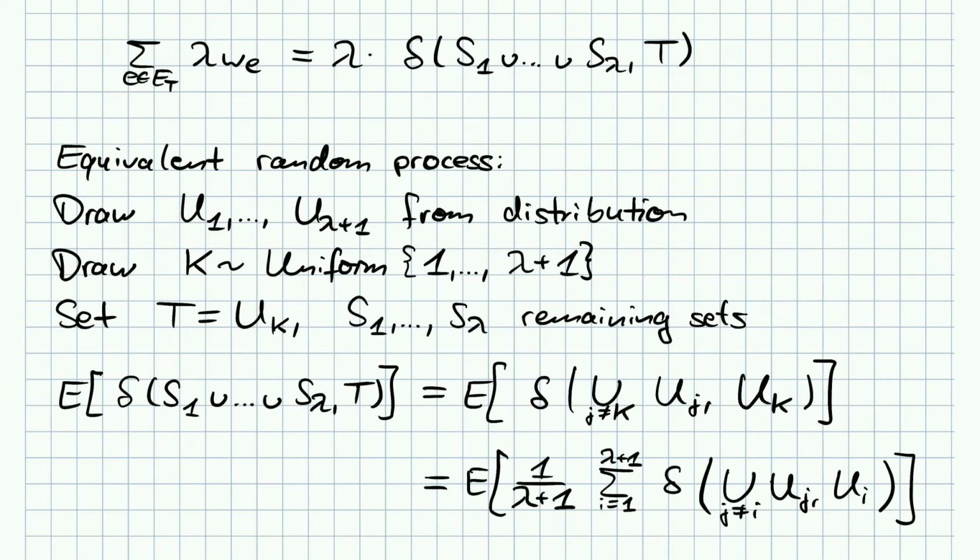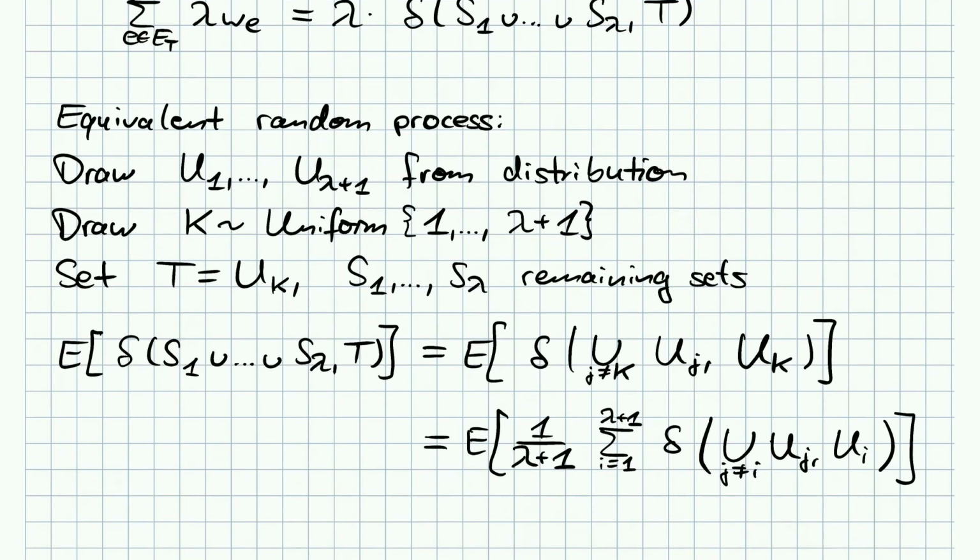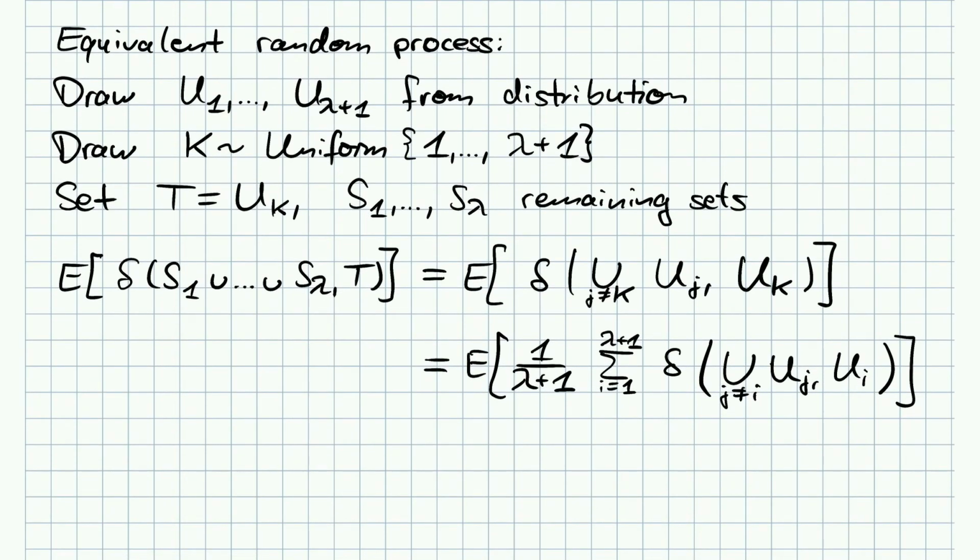And how big is this? Here we have exactly what our lemma was bounding for us. And so we can bound this by the cost of a minimum spanning tree on the union of U1 through U lambda plus 1.